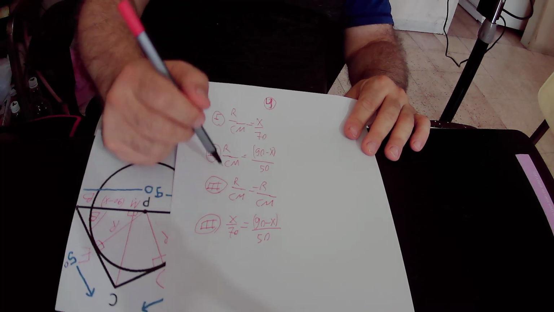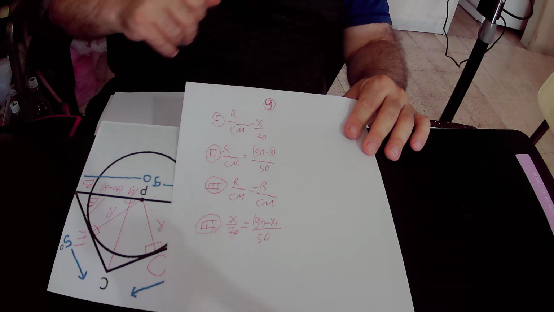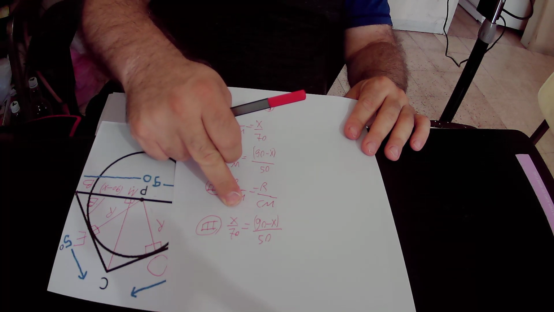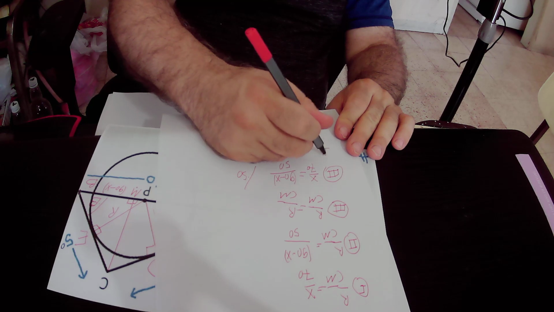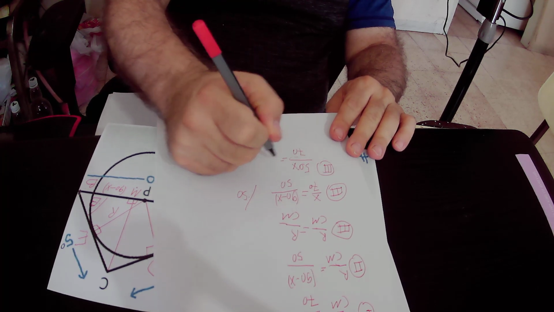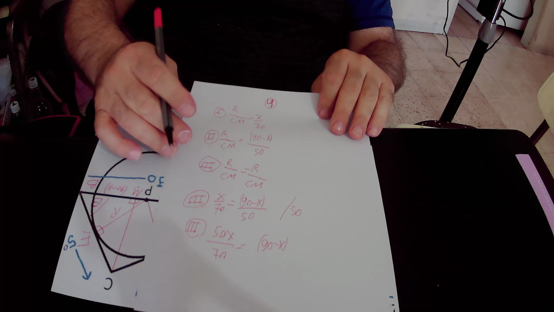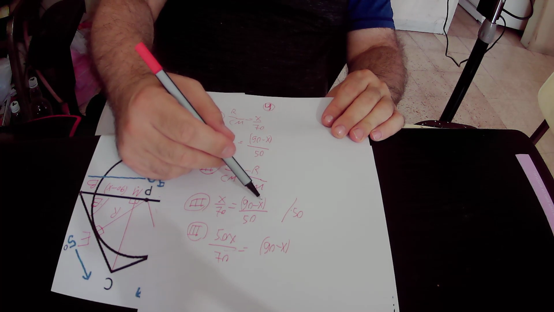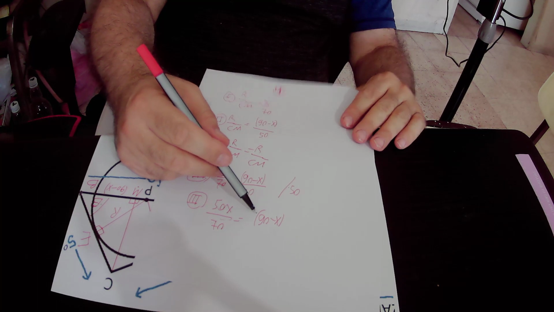So x over 70 equals 90 minus x over 50. Now we will multiply both sides of the equation by 50. 90 minus x times 50 divided by 50, or 50 divided by 50, equals 1.